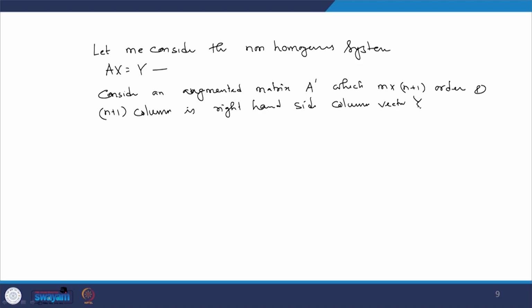And then one has to do the elementary row operations. So, one will get from this A prime, which is basically A colon Y type, this matrix.